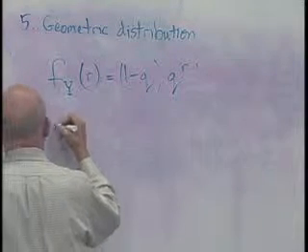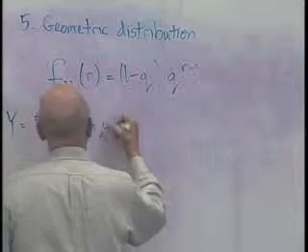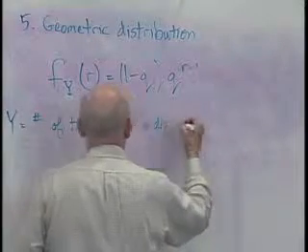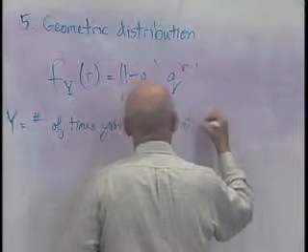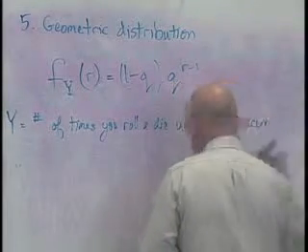This is the number of times you roll a die until a 6 occurs.